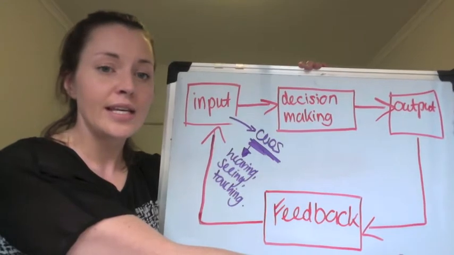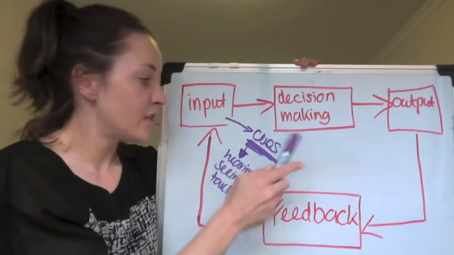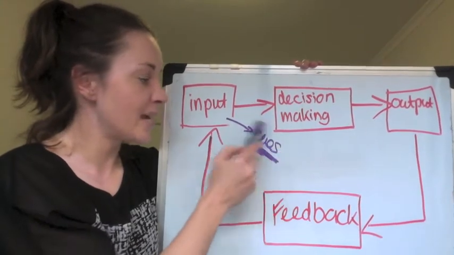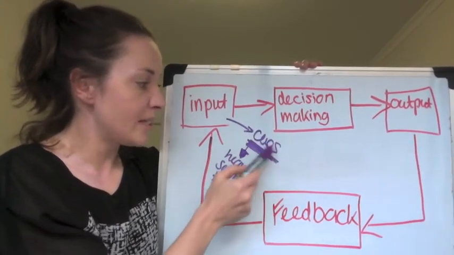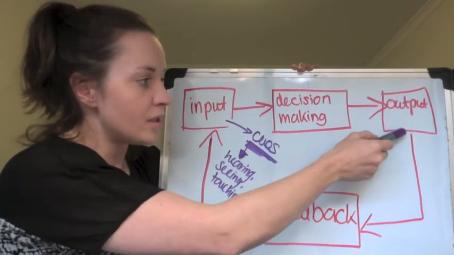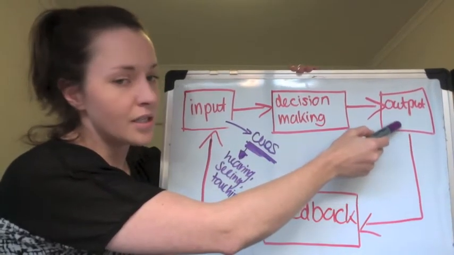It's because the coach has removed those cues. So the player is unable to pick up the particular cues that help them decide when they would use that particular skill.